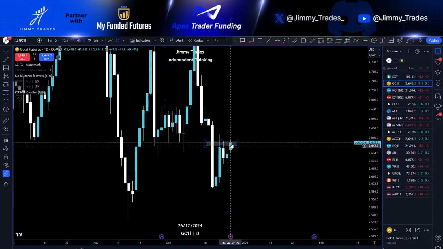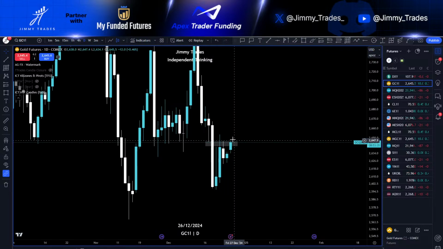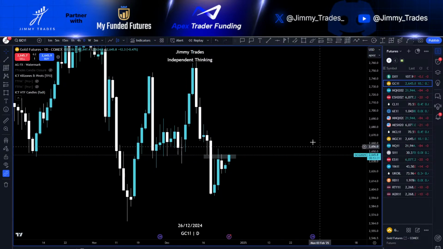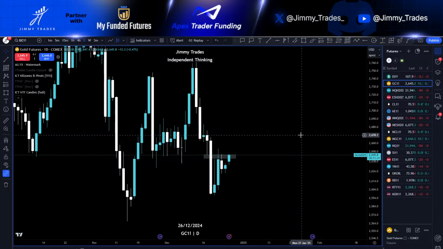So if price closes above or starts to displace through this level, then it certainly looks like price will want to run higher. What's the hourly look like?